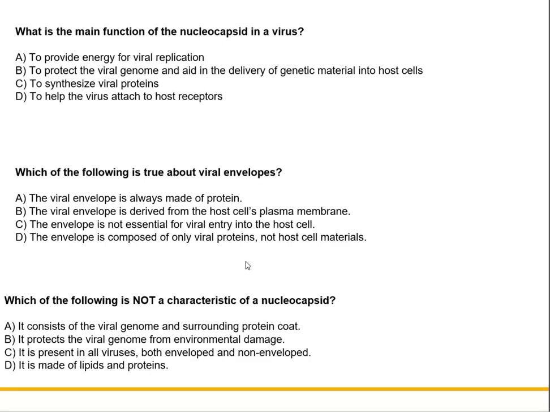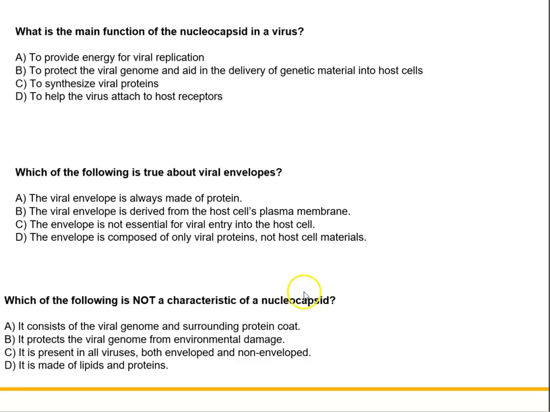Which of the following is not a characteristic of a nucleocapsid? A, it consists of the viral genome and surrounding protein coat. No, that's true. B, it protects the viral genome from environmental damage. That's true. C, it is present in all viruses, both enveloped and non-enveloped. This is also true. There is always going to be a capsid.